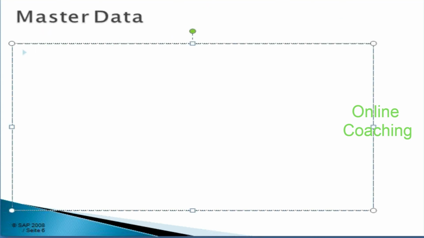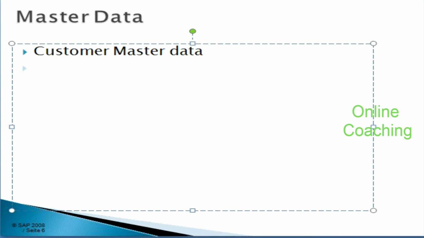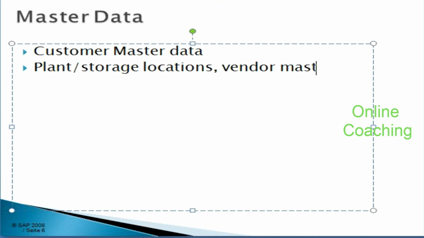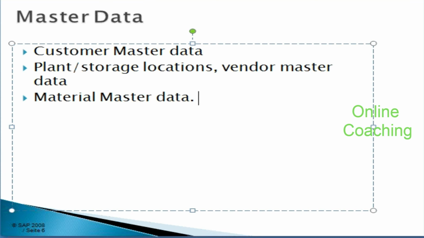The master data: we'll have the customer master data, my plant, storage locations, the business partners, my vendor master data, and my material master data. So this is the very basic master data which I have to set up in my EWM. Is it clear now?